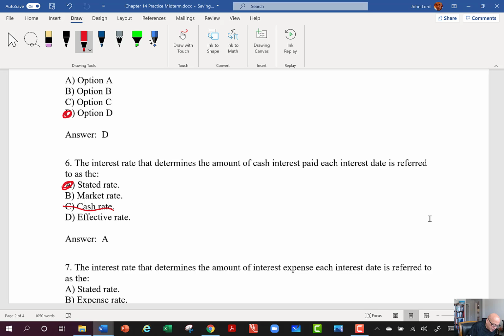I'm going to write that down. Stated rate, coupon rate, contract rate, all synonymous. Okay? When we start dealing with market rate, effective rate, and the other one I see commonly is yield rate. Okay? That's all indicating what the market is.